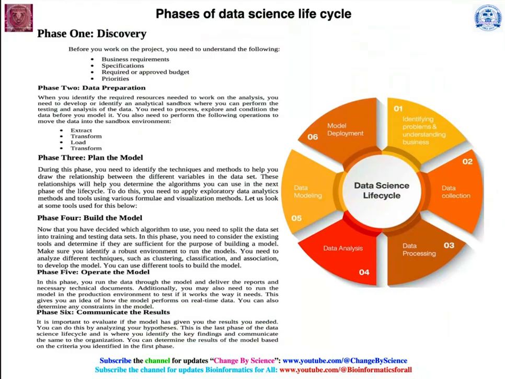But if you are going to study the book, in the book you can see the phases of data science life cycle, something like data preparation, plan the model. So basically, they are in different wordings, but overall, in the summarized life cycle, the different phases are six.